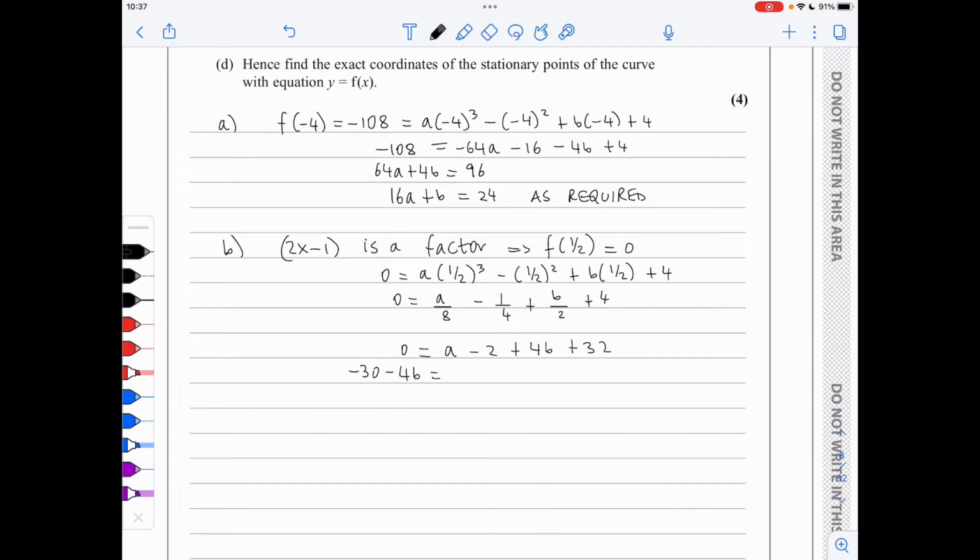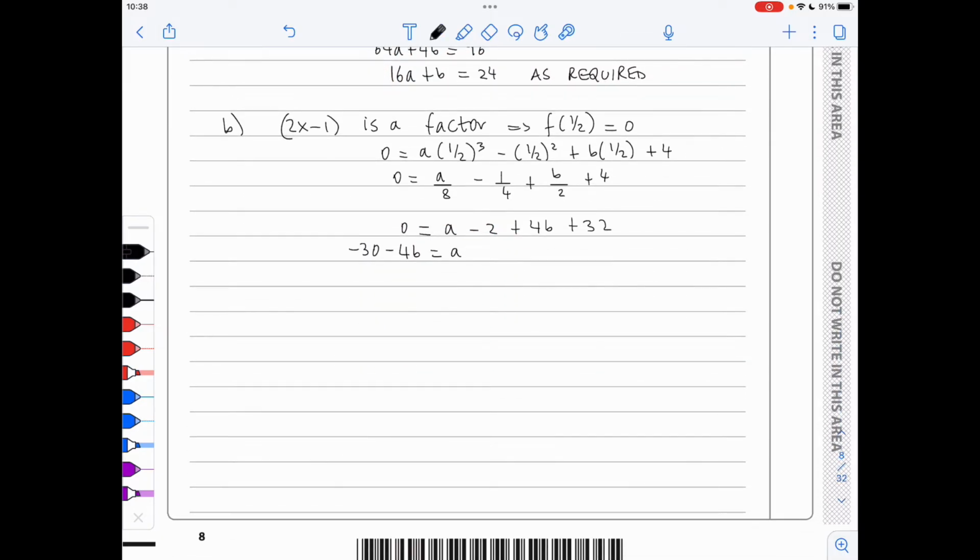which means we get that minus 30 minus 4b is a. We're now facing a system of simultaneous equations in a and b. So we will proceed by substitution in solving this. We get that 16 times a, which is minus 30 minus 4b, plus b is 24.